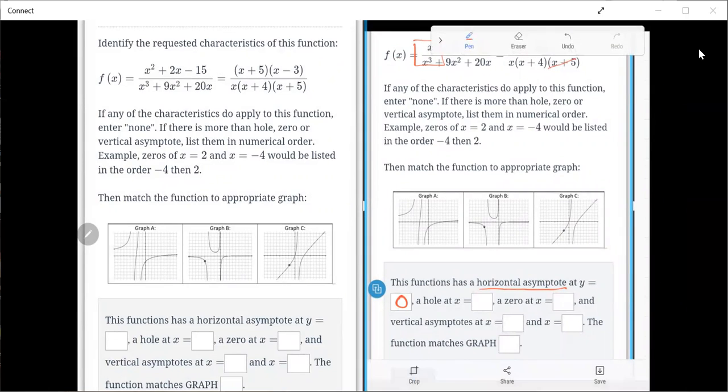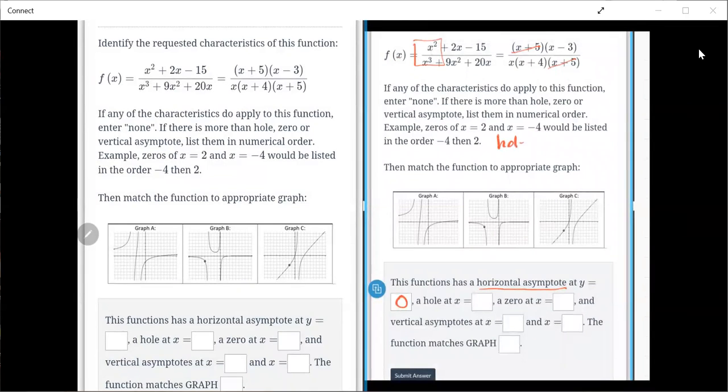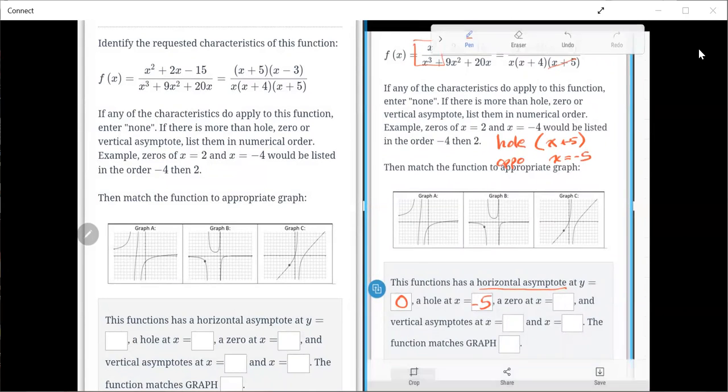So our hole was x plus 5, and remember it's going to be the opposite, so x equals minus 5, the opposite of our expression. So that's going to be a minus 5. Zeros are in the numerator and not canceled.